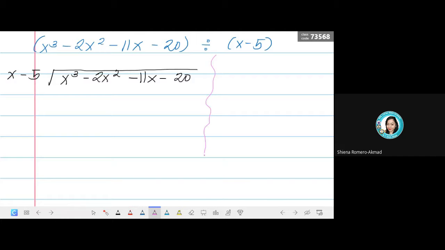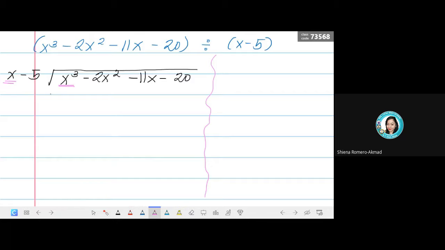So, una, na kailangan tandaan, hindi lahat yan i-divide nyo sa x minus 5. Ang kailangan nyo lang tandaan is the first term should be divided by the first term also. So, first term, first term.